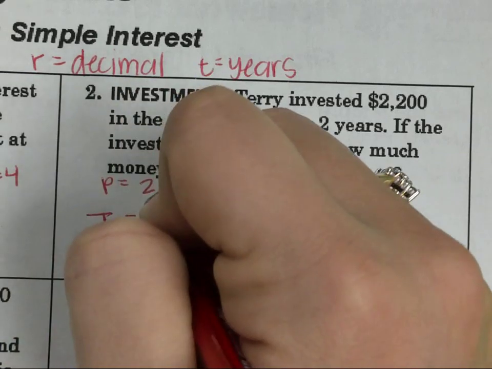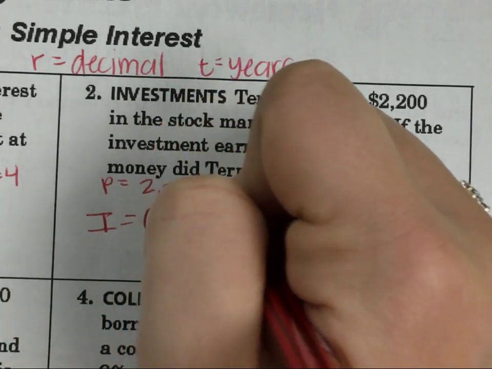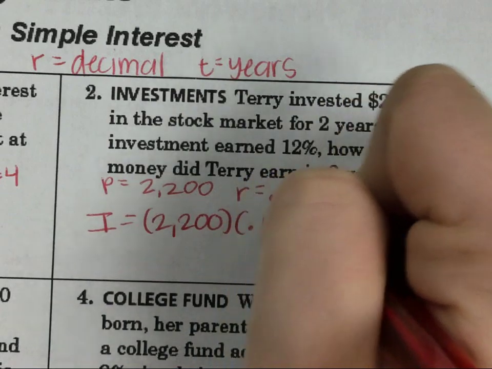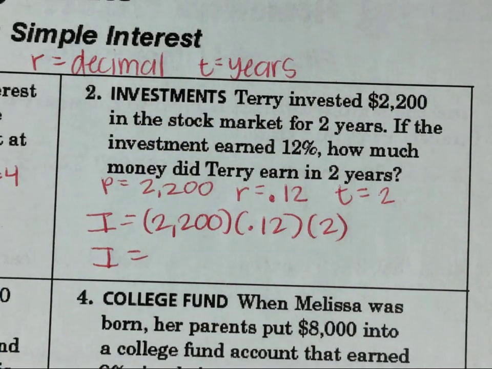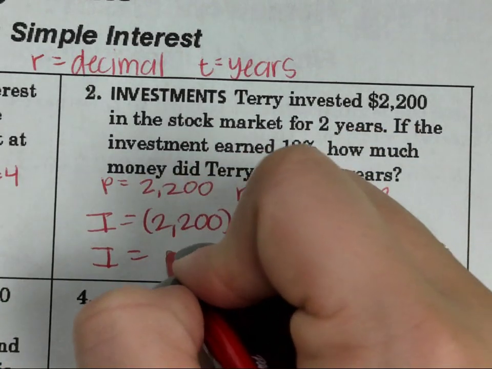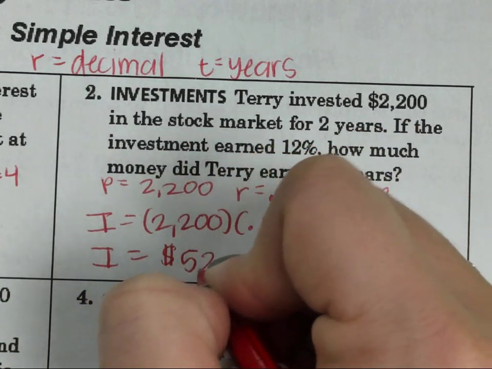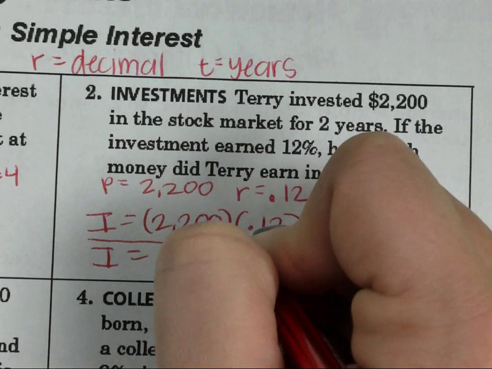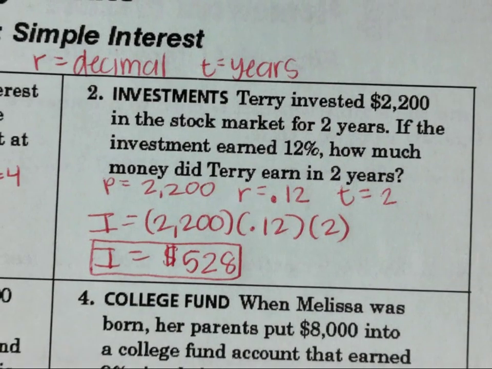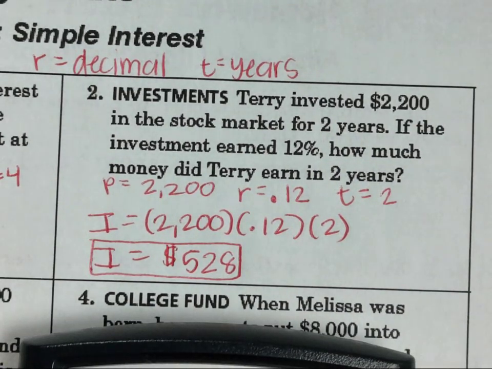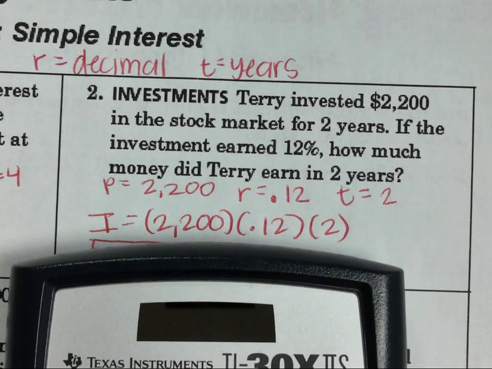So when I multiply all those together, it should be $528. Guys, I don't think you converted your decimal correctly.